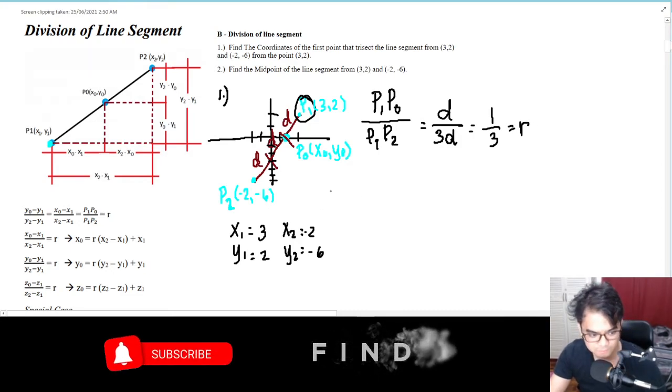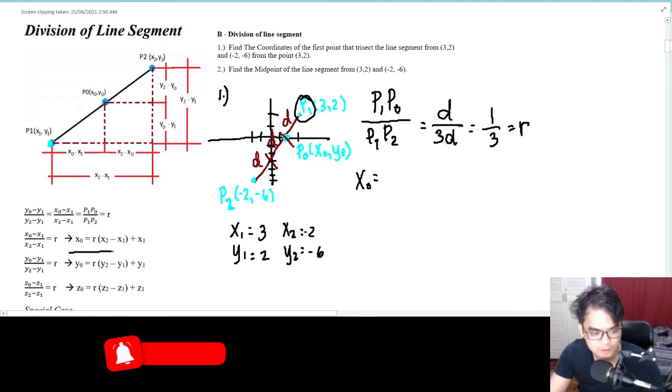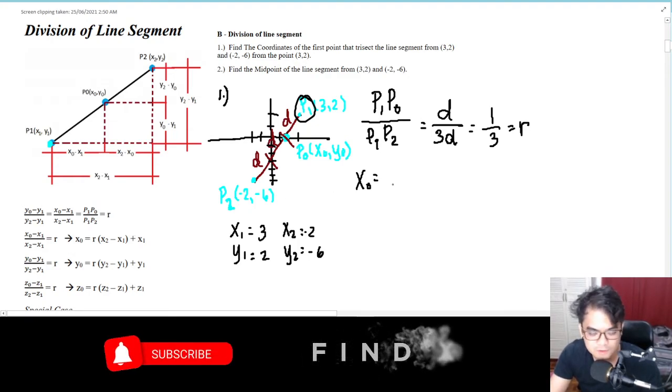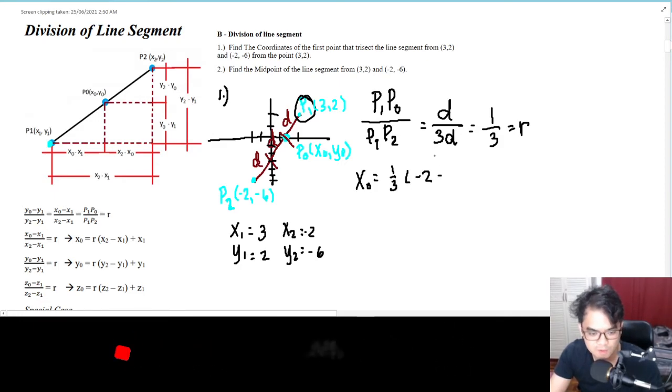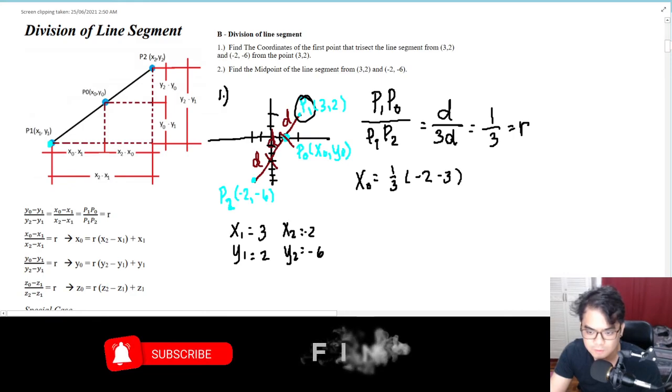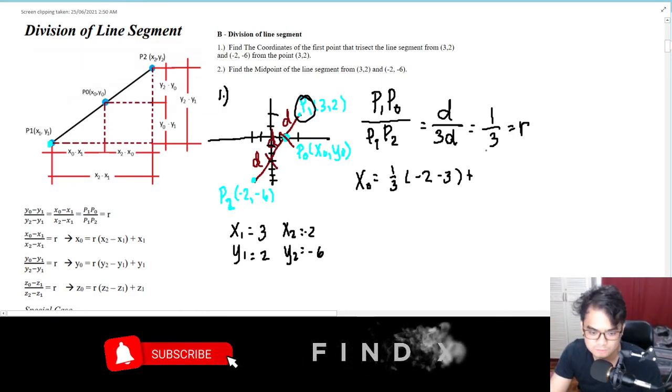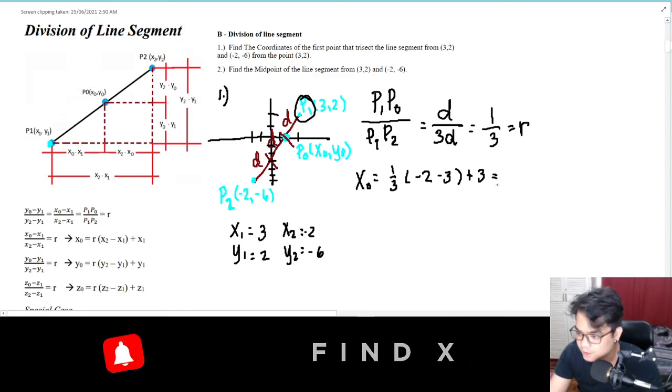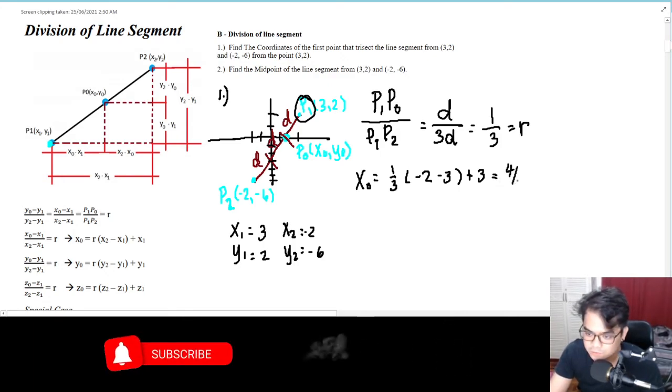Okay, so let's solve x0. All you have to do is just follow this formula. So following that formula, x0 is equal to R, which is 1/3, times (x2 - x1), which is -2 minus 3, plus x1. x1 is 3 again. So this is equal to 4/3.